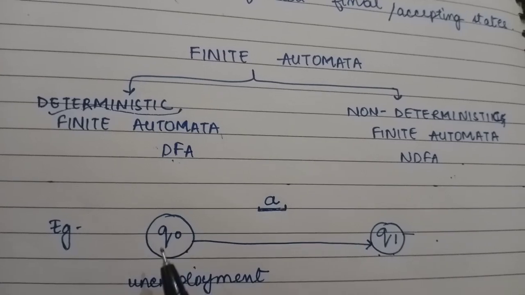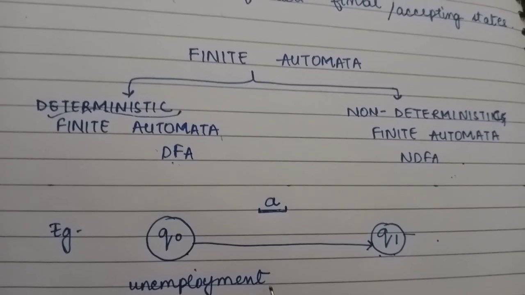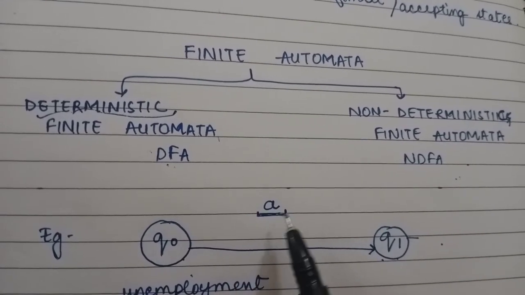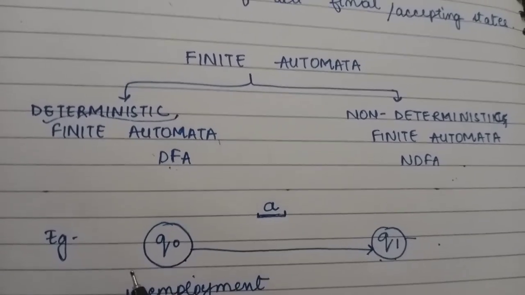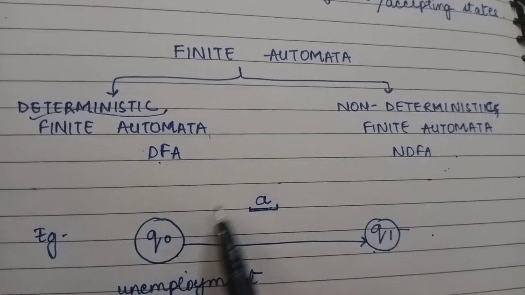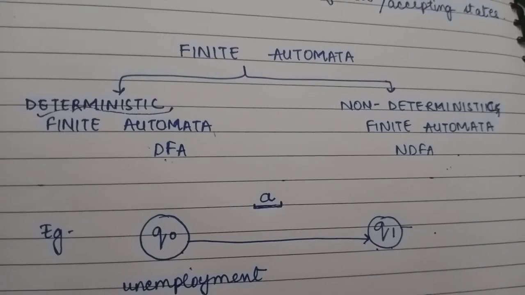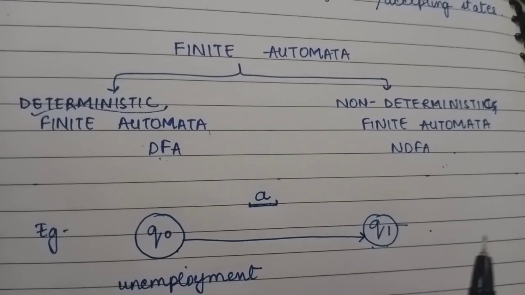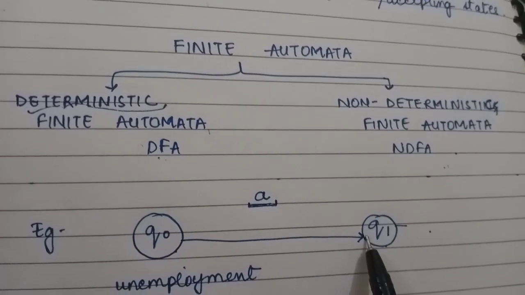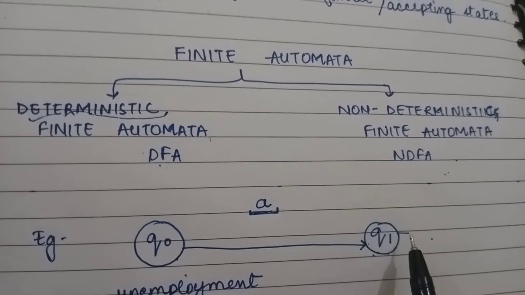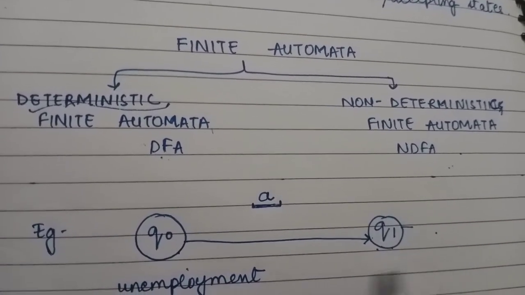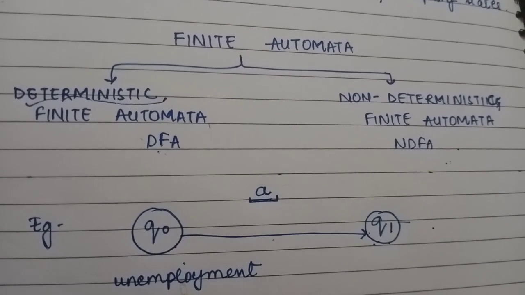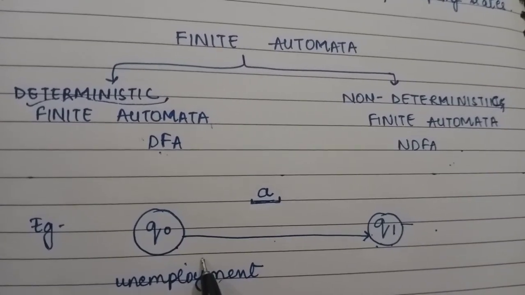So we are assuming that Q naught is unemployment, and this input symbol A is an unemployed student who wants to get rid of unemployment and achieve financial independence, but he only has one company that has offered him a job, or there is only one company he applied to, so there is only one way he can get out of the clutches of unemployment.